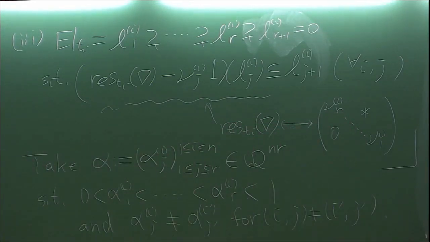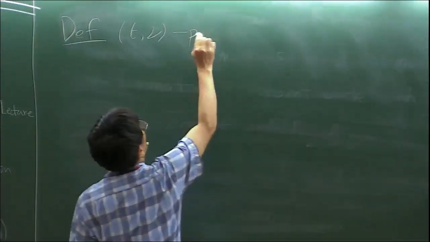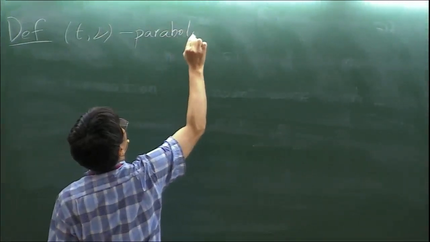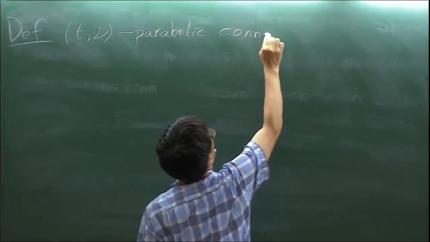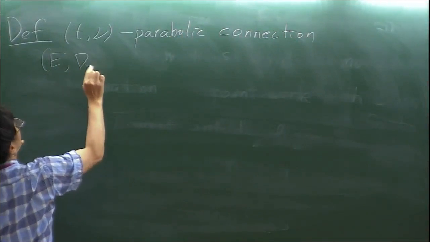Then we can define the stability of a parabolic connection (E, nabla, l_ij).